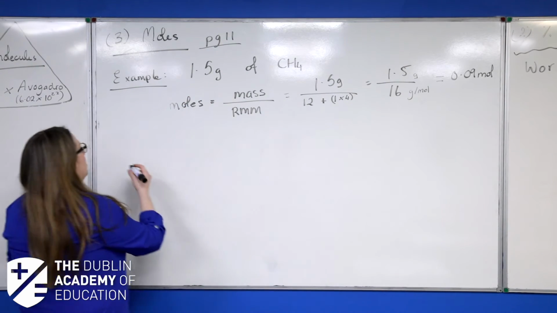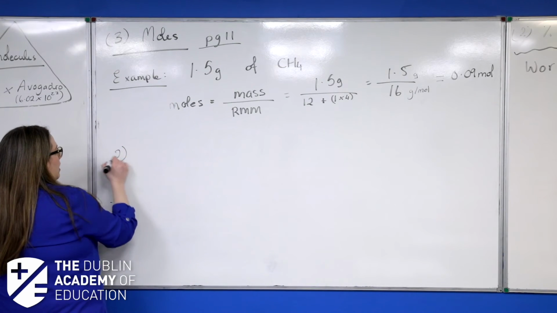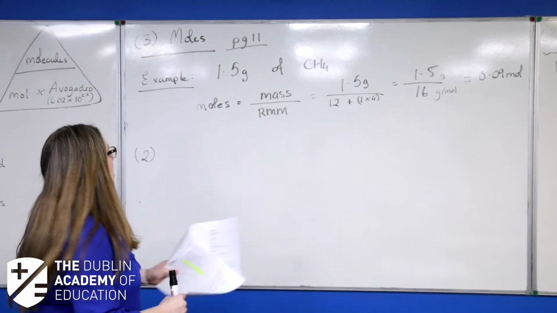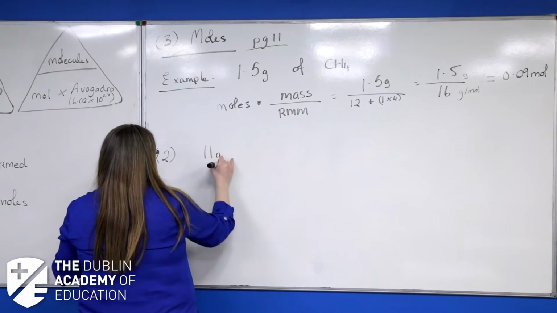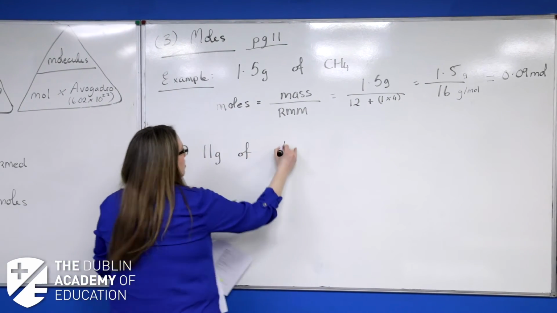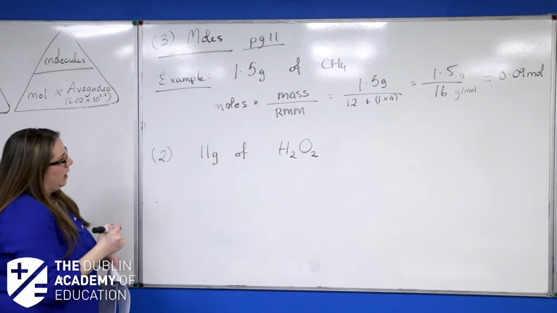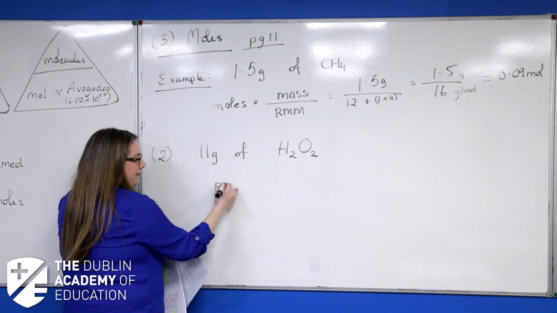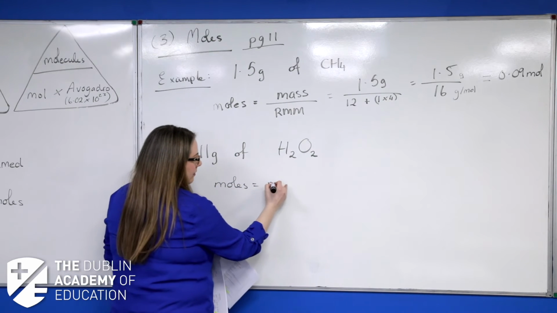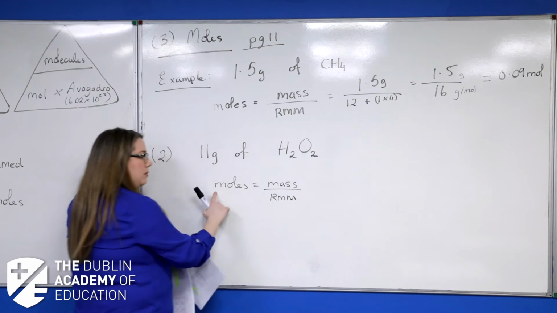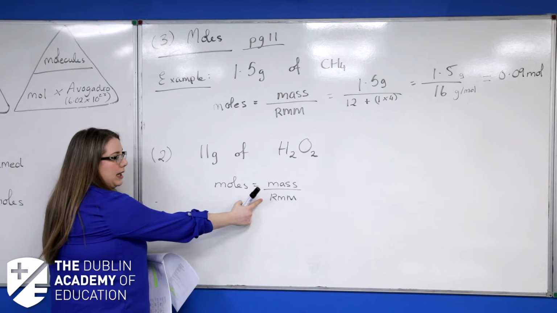Now, another one. Let's look at number 2 on page 11. It has 11 grams of hydrogen peroxide. So this is a hair bleach. So again, moles. Your moles is the mass divided by the relative molecular mass.